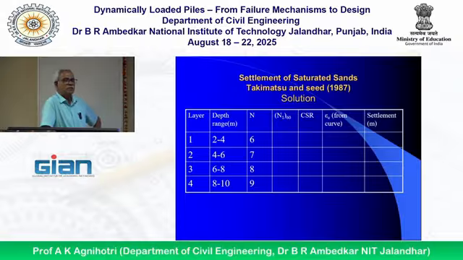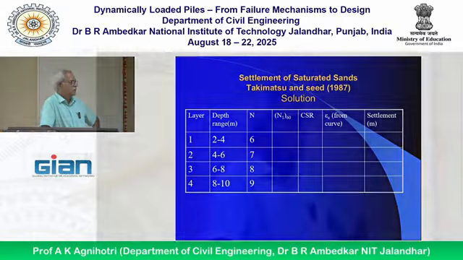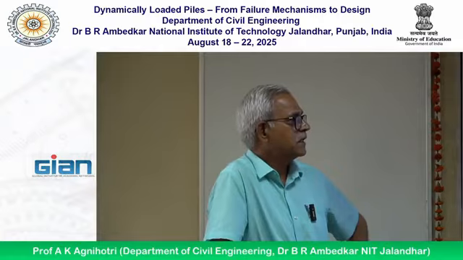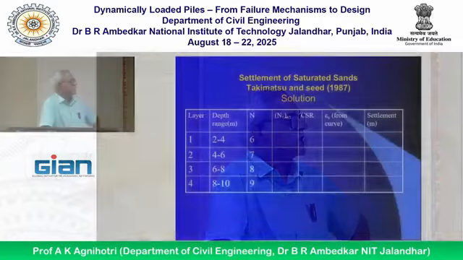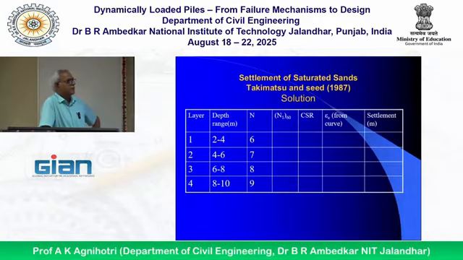So then multiply with correction factors to get N160, then you will calculate CSR. Then from the curves corresponding to N160 and CSR, you can calculate epsilon C. Then multiplying with thickness of sand layer, you can calculate settlement.